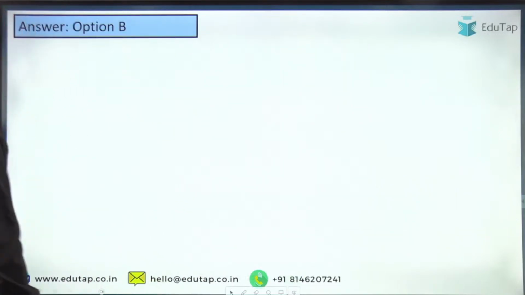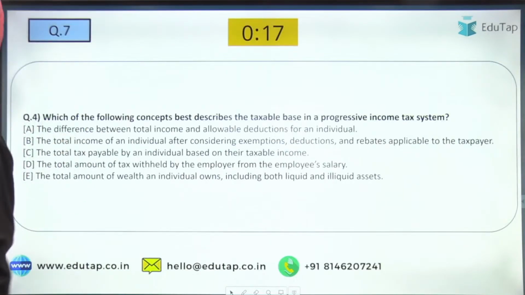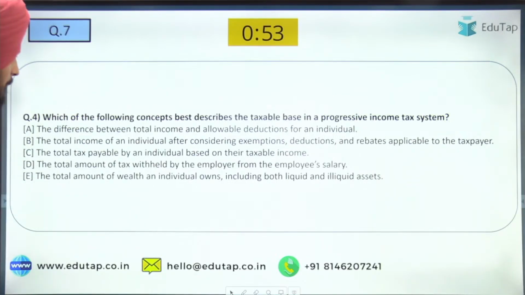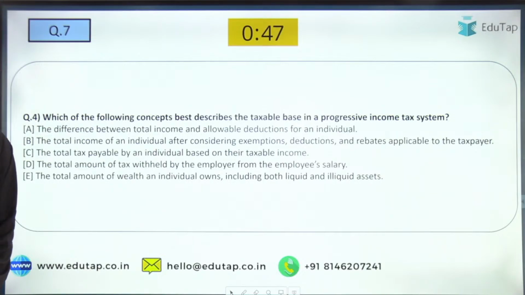Question number 7. Which of the following concepts best describes the taxable base in a progressive income tax system? So what do you mean by the taxable base in a progressive income tax system?